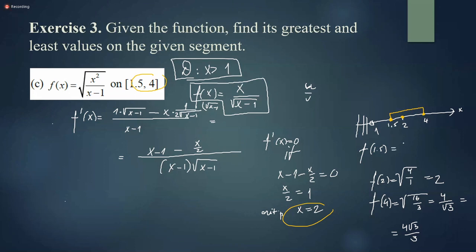So it will be 1.5 divided by the square root of 1.5 minus 1, which is 0.5. Now if I multiply both parts by the square root of 2, I have 3 halves square root of 2, since the square root of half times the square root of 2 is 1. So this is the correct value.